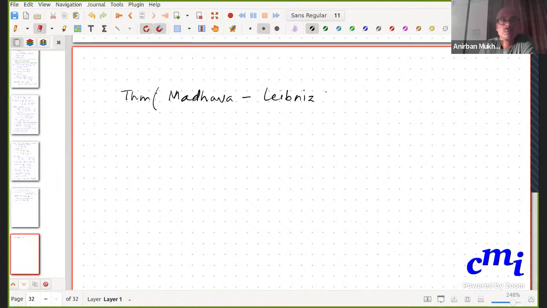So Madhava and Leibniz. It's a very beautiful expression for pi. It says pi by 4 is 1 minus 1 over 3 plus 1 over 5, sorry, minus 1 over 7.